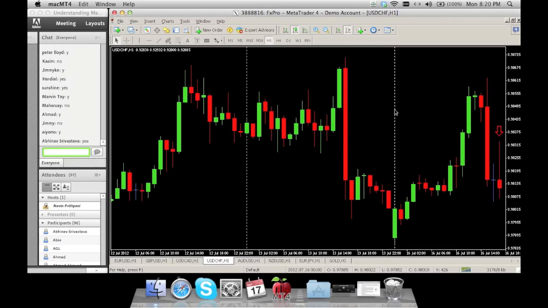Okay, now let's go through the questions. Is there a trend? Answer that question first. Yes, there is a trend. Okay, it's in a downward momentum. Second thing, is this current candle that we're looking at bigger than the previous candle?